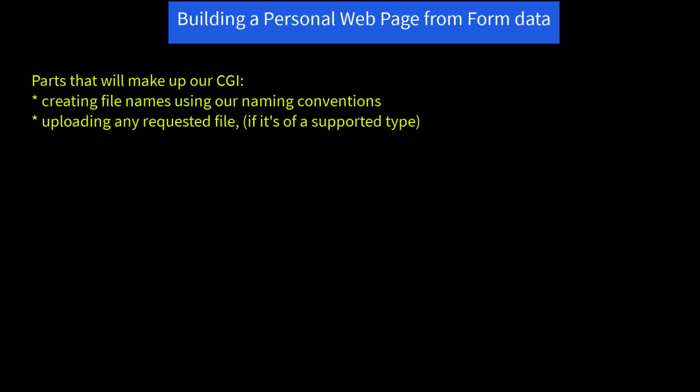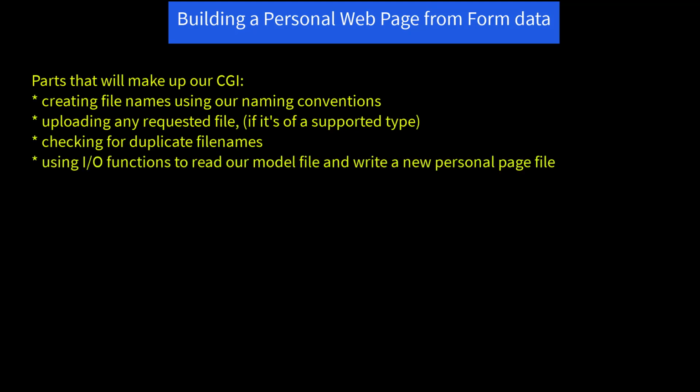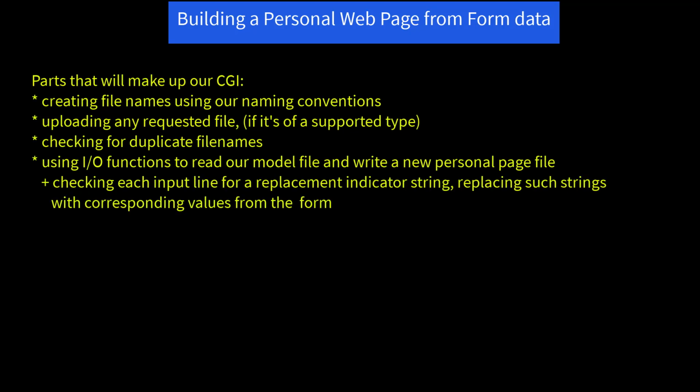So these are the parts that will make up our CGI: creating file names using our naming conventions, uploading any requested file if it's of a supported type, checking for duplicate file names, using the I/O functions to read our model file and write a new personal page file, checking each input line for a replacement indicator string and replacing such strings with corresponding values from the form, and using the while loop construct to manage the process.